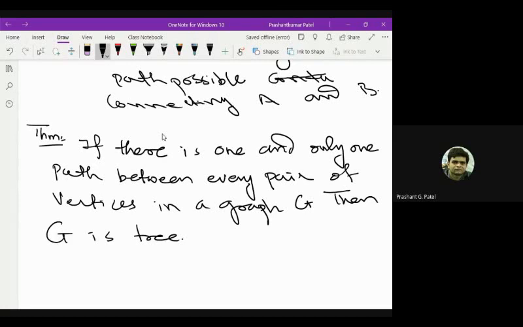First of all, if you want to prove that G is a tree, that means you have to prove that it is an acyclic connected graph. So why is it connected? Can somebody give me an argument for why this G is connected? Every pair of vertices is connected by one and only one path.